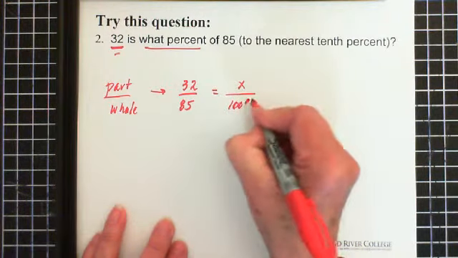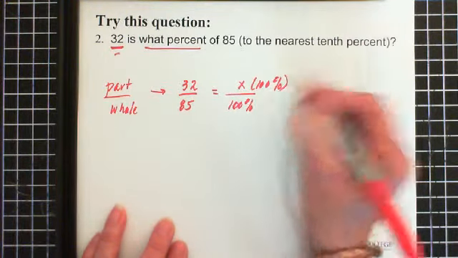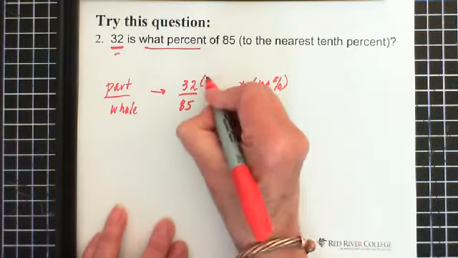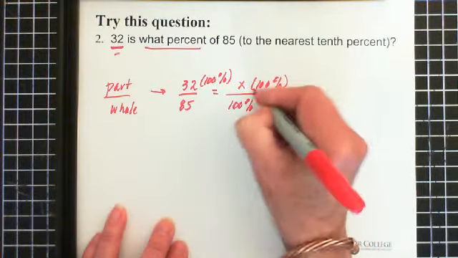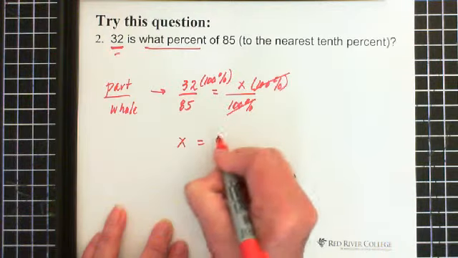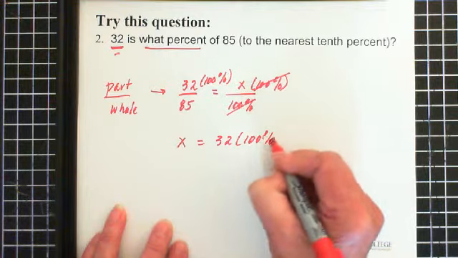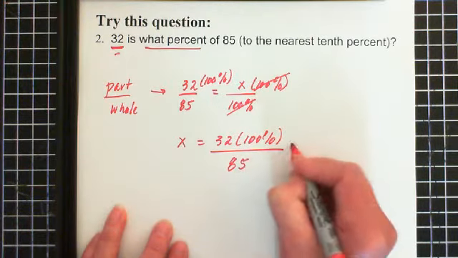Now what we're going to do is multiply this side by 100%, because that gets the 100% out of there. If we multiply on this side by 100%, we must multiply on this side by 100%. These two cancel. Now we have X equals 32 times 100% divided by 85.